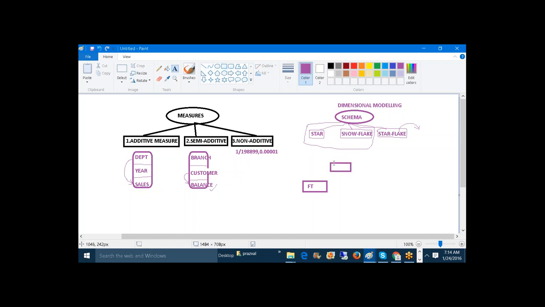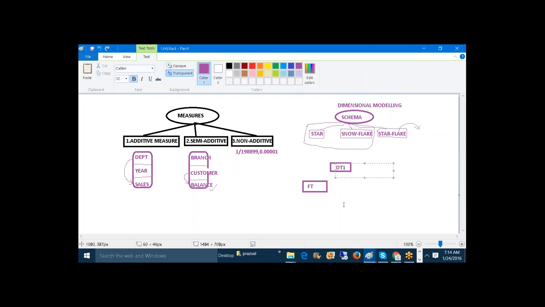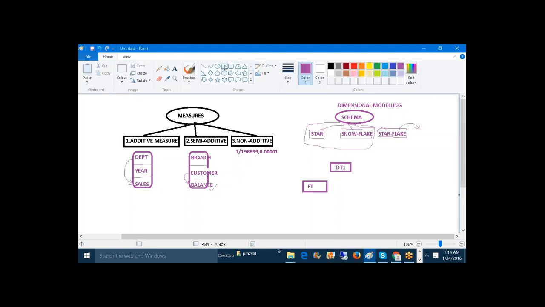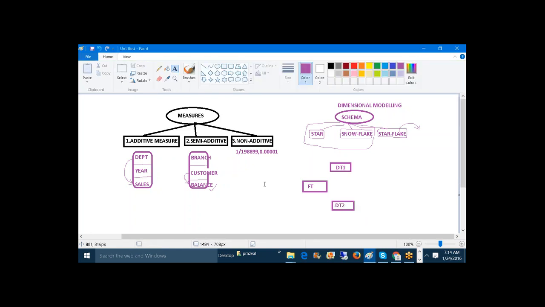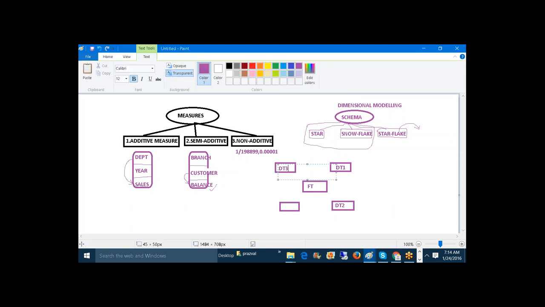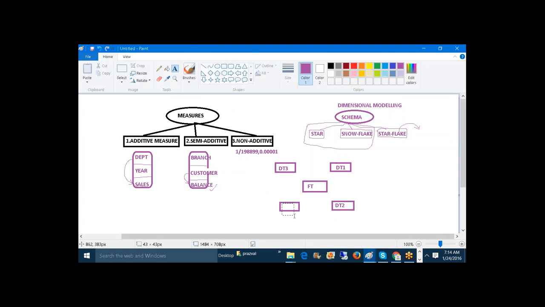So we have one centralized fact table, and it is surrounded by multiple dimensions, DT1, DT2, DT3 and DT4.